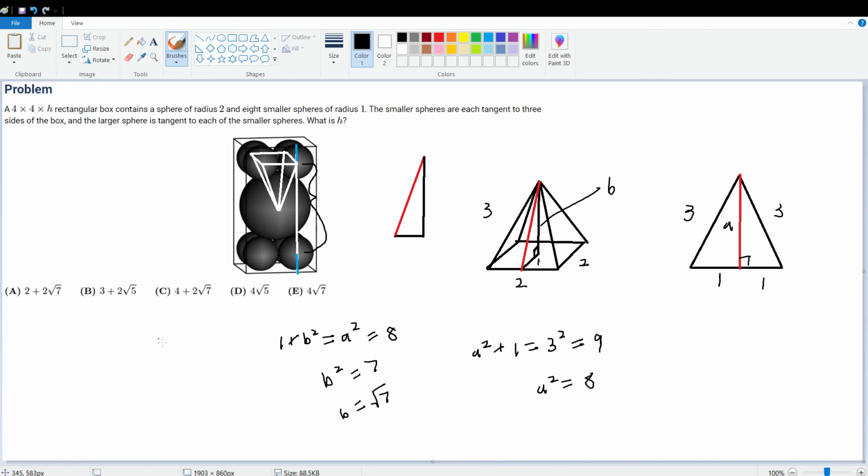So now what we can do is we can say the height of this box, h, can be described as 1, the radius of one of these spheres, plus 2b, plus 1, or the radius of another of these smaller spheres. And we can substitute this to say it's 2 plus 2 root 7, and that is h. And so we see that the answer is A right here, and we are done.